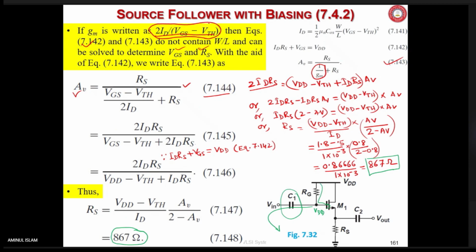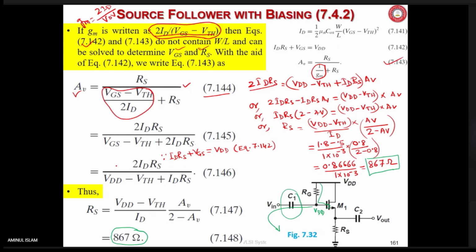Or should I go back, because GM can be expressed in 3 different ways that we have discussed earlier. One way of writing GM is 2ID by VOV. VOV is the overdrive voltage, nothing but VGS minus VTH. This I have shown you or not? So 1 upon GM is this one or not?